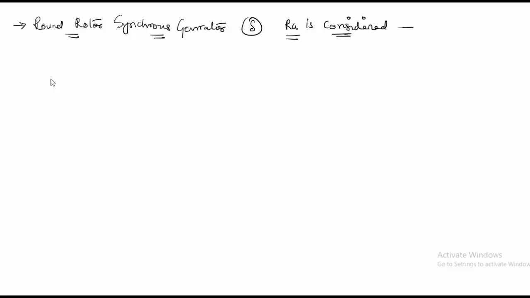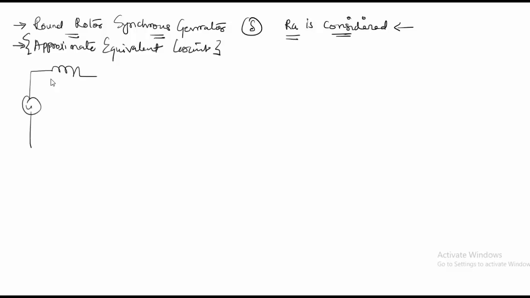So to draw the phasor diagram, I am taking the approximate equivalent circuit into consideration. Which I have already discussed, and if I want to again consider that to show it in simplicity, it will have two components which can be shown like this.